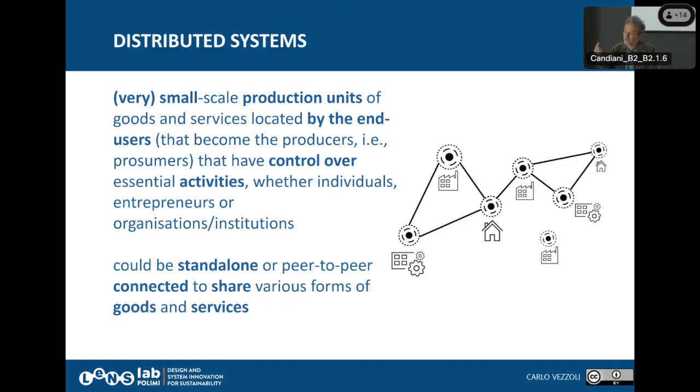So maybe I have a mini grid in my neighborhood of energy production with solar panels or other renewable energy sources, and this could be connected with another nearby neighborhood that has a network that is sharing the energy. So I can share the energy with a nearby other mini grid.